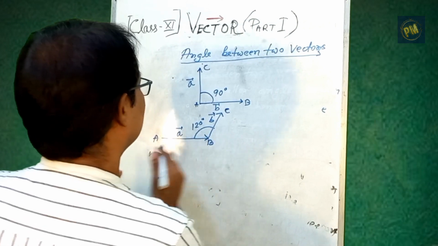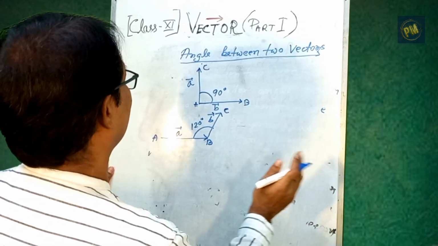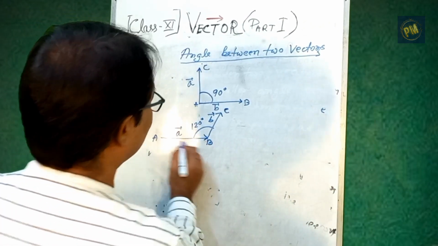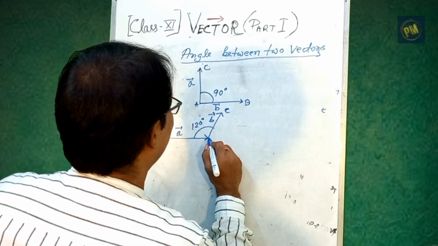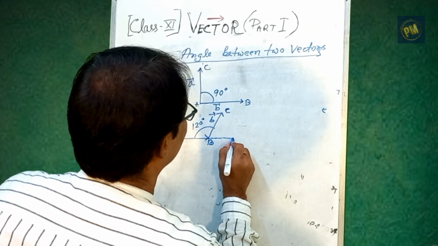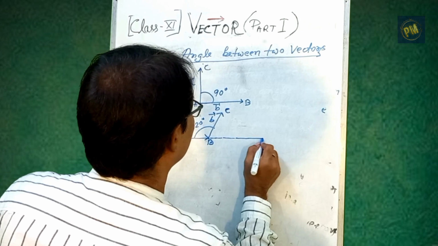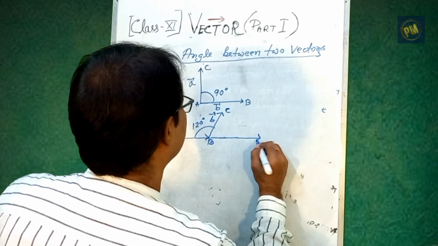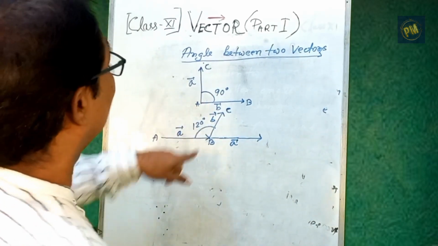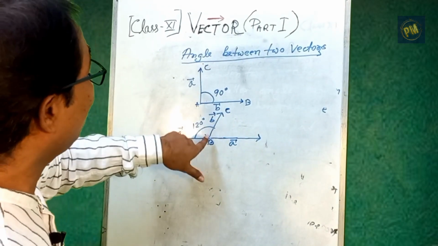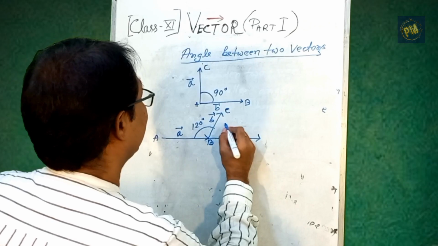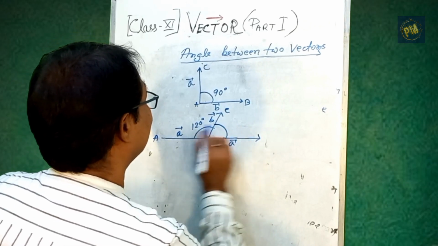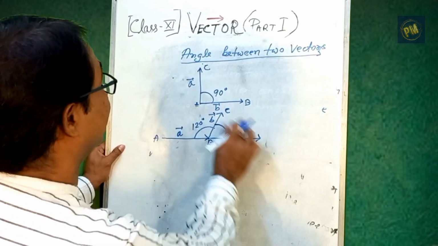Just shift the vector AB parallelly, that is along the same line without changing the magnitude and direction. Now the vector is at this point. So this vector AB now meets at tail to tail. So what is this angle? This total angle is 180.